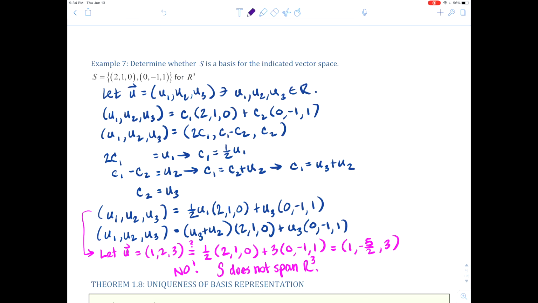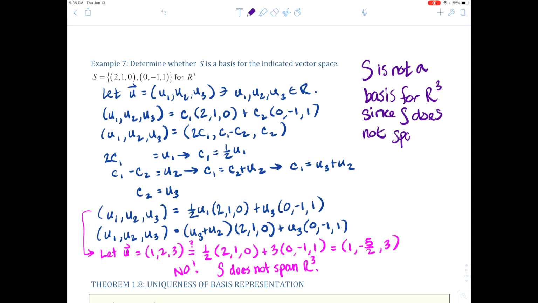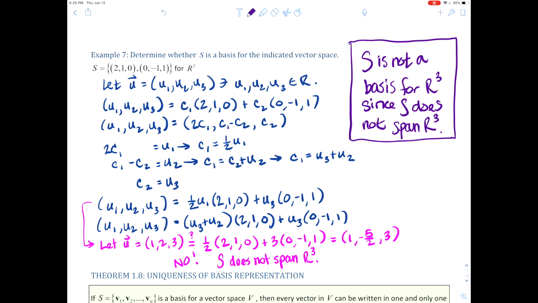We would say that S is not a basis for R3 since S does not span R3. And again, we're going to have a shorter way when we get to determinants to ascertain whether or not something spans.